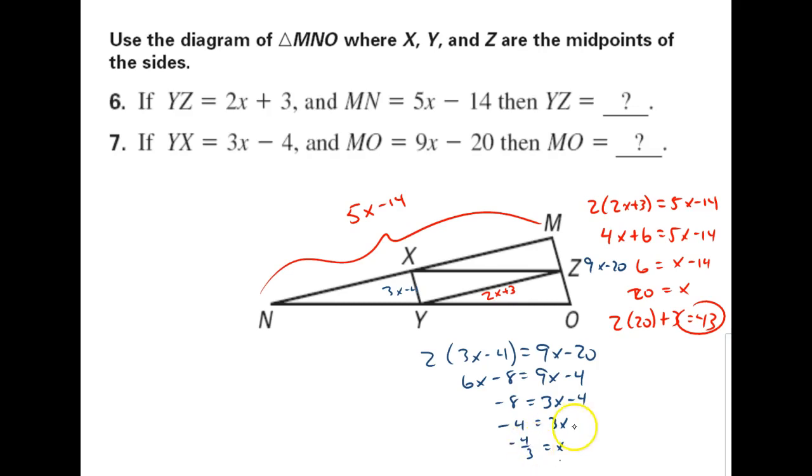So we're going to take that negative 4 thirds, we're going to plug it in here and find the distance from M to O. So 9 times negative 4 thirds minus 20. 9 times 4 is negative 36 over 3 minus 20. That's negative 12 minus 20, or negative 32.